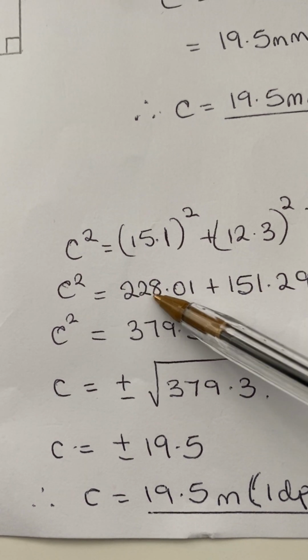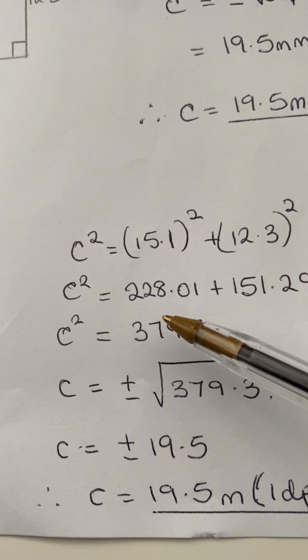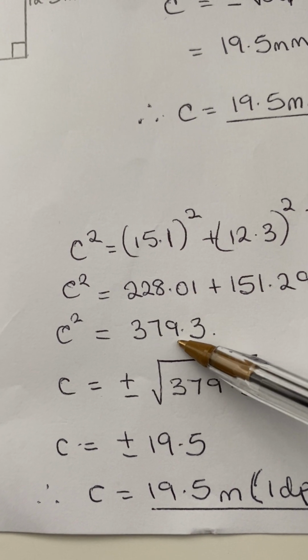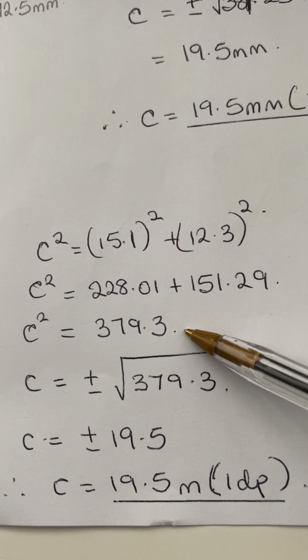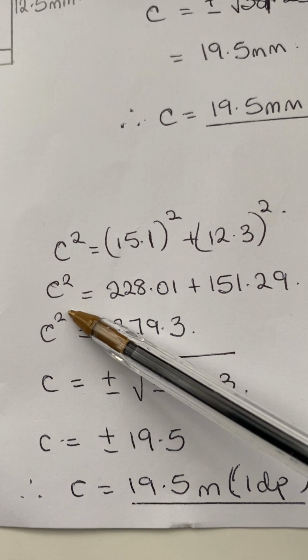When you add both numbers, you are going to get 379.3. That is c squared.